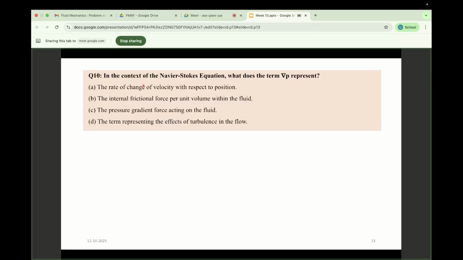So this is a recap of the Navier-Stokes equation. I am just recapping this Navier-Stokes equation for you. Actually, if I have to write this Navier-Stokes equation, what exactly is it? So this is our Navier-Stokes equation, right?